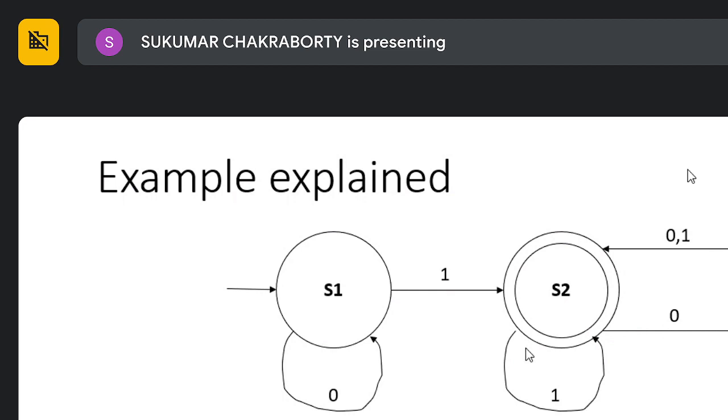If it ends with 1, then it is in S2, because the first one comes here, the second one, third one, fourth one all remain here, and after a 0, if I give a 1, it again comes back here. So at any point of time, if I provide a 1, it lands in S2.